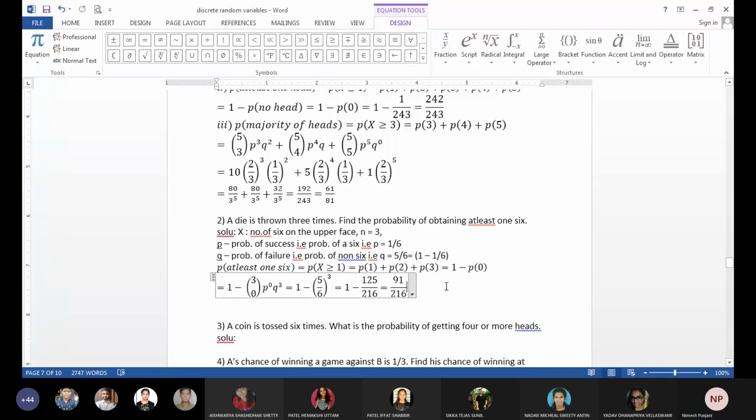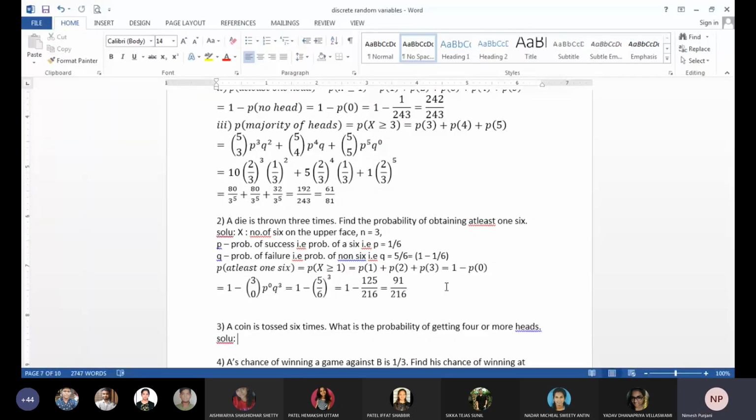Okay. We move on to the third sum. What does the third sum say?